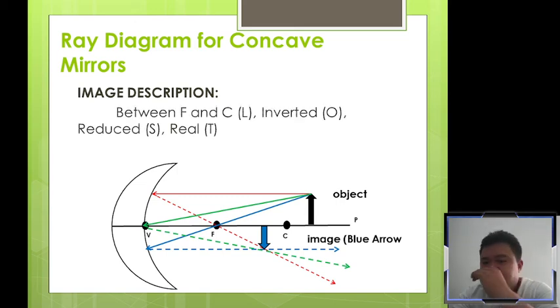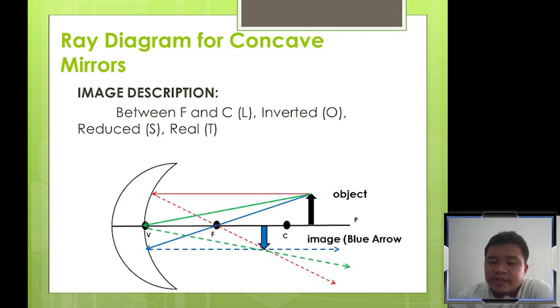It's between F and C. That is our location. As you can see there, it is inverted. How do I know it's inverted? If you see, the intersection of the reflected rays happens somewhat below the principal axis, and if you check, our object is upright from the principal axis, right?